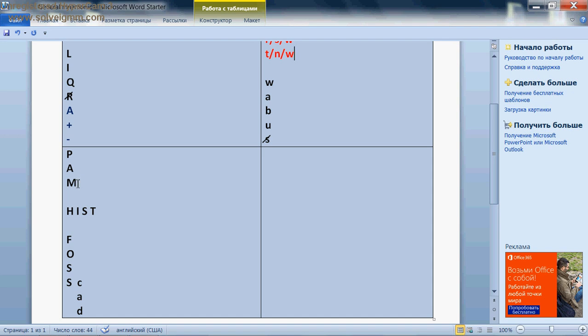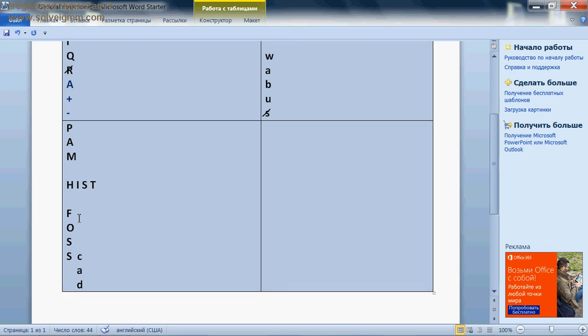M is medications, both prescribed and over-the-counter medications. HIST: H for hospitalizations. Have you ever been hospitalized in the past? I for any other illnesses. S for surgery, and T for trauma.